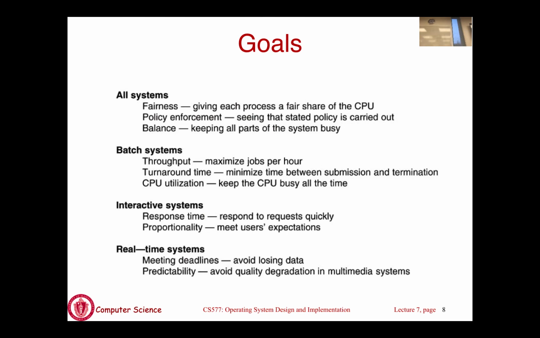Those have a completely different class of schedulers that try to meet deadlines and give predictable guarantees that a task can finish in a certain amount of time. We are not going to look at real time system scheduling. There is an entire class of scheduling algorithms and policies designed solely for that class of system, but we will not look at that. We are going to focus on general purpose systems, which fall into the batch and the interactive category.